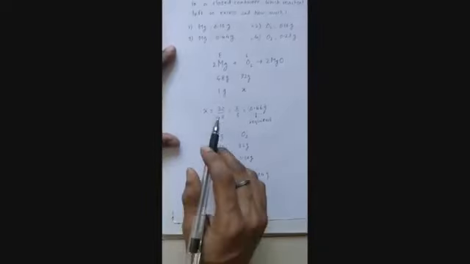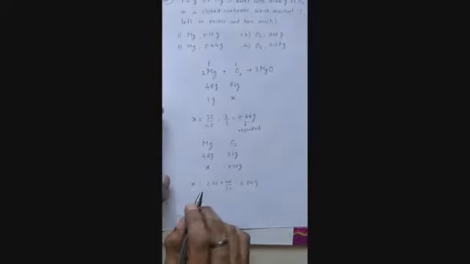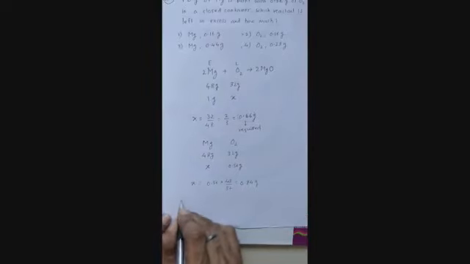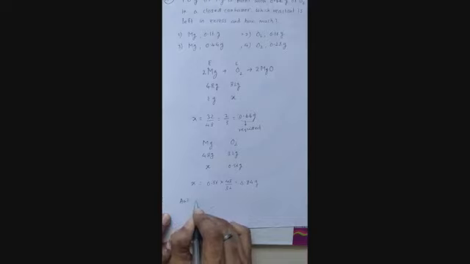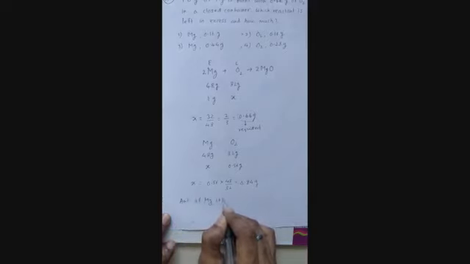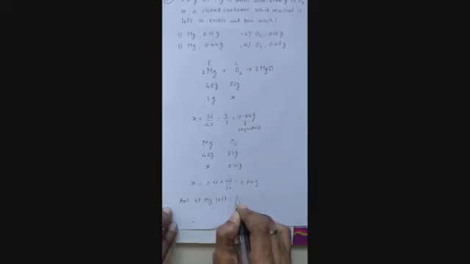Now how much of magnesium is available? 1 gram, correct or not? So the amount of magnesium left unused is 1 gram minus 0.84. So that makes it 0.16 grams. So this is your answer. First option.